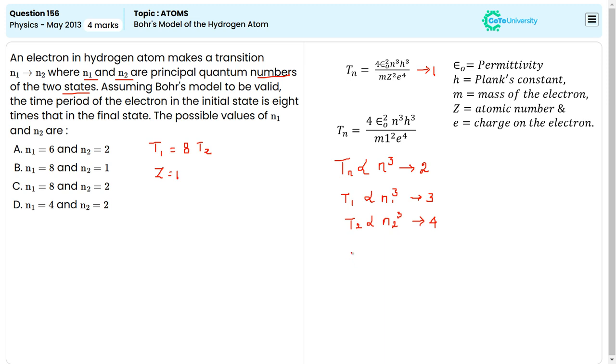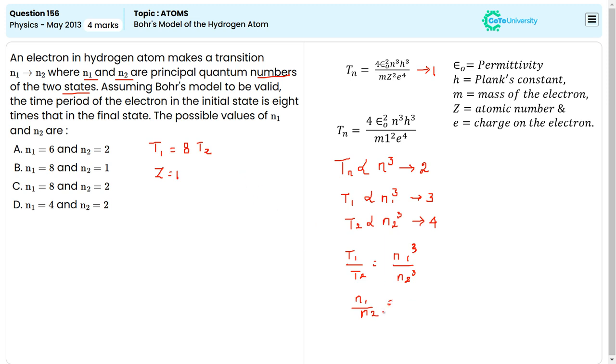By dividing equation 3 by 4, T1 by T2 is equal to n1 cubed divided by n2 cubed.